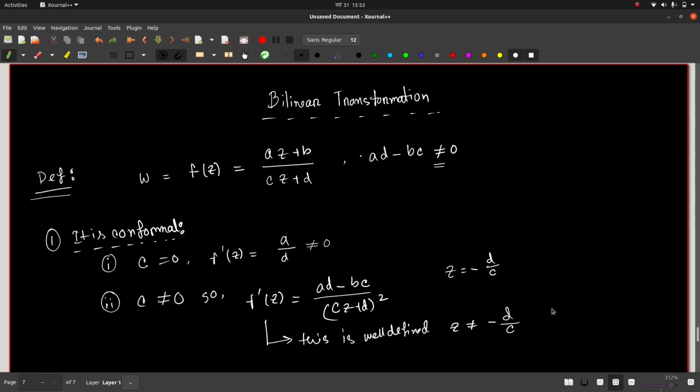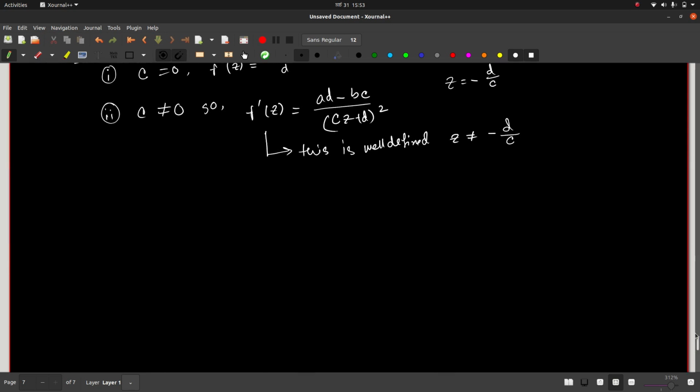In order to analyze the point z equals infinity, since we are dealing with the complex plane, we also need to take care of the z equals infinity point as well. So for analyzing z equals infinity, we make the inverse transformation.